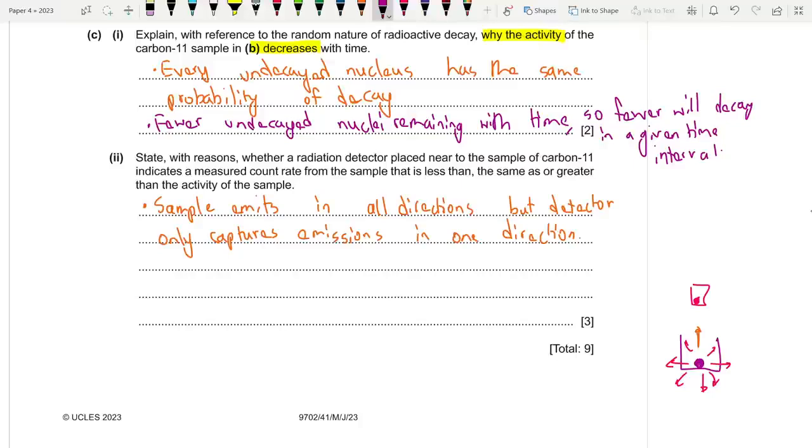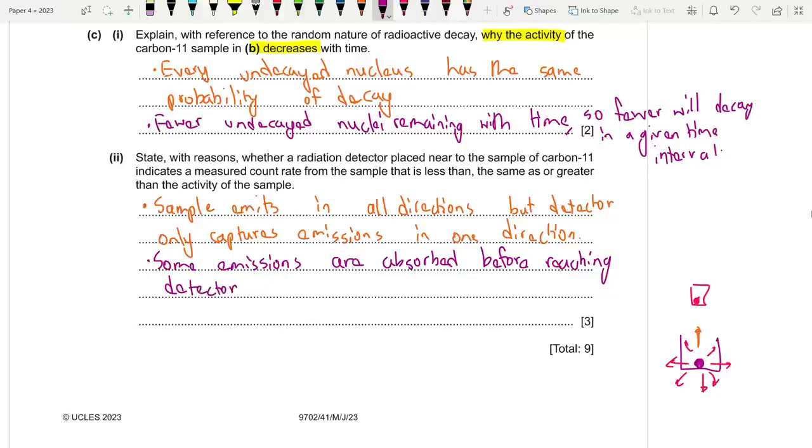Next, what else do we have? Some emissions are absorbed before reaching the detector, by the air, maybe. So it doesn't even go to the detector in the first place.